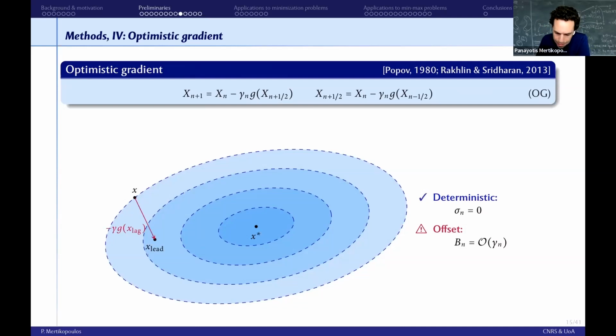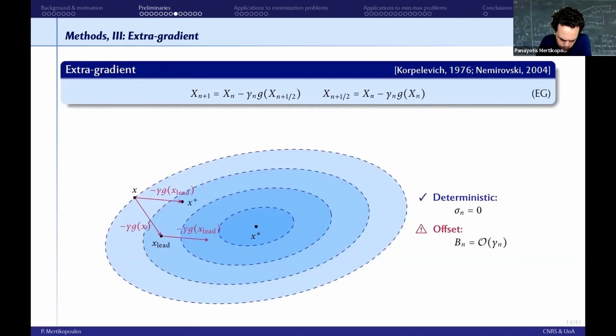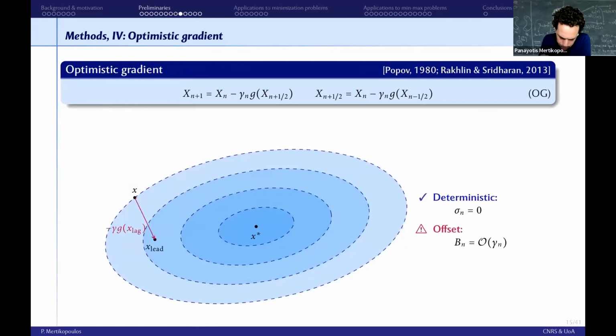And what it does is, instead of taking a new gradient step, it is essentially reusing the last gradient observed to perform the first intermediate step, and then it proceeds just like the extra gradient method and generates this new update, this new state.